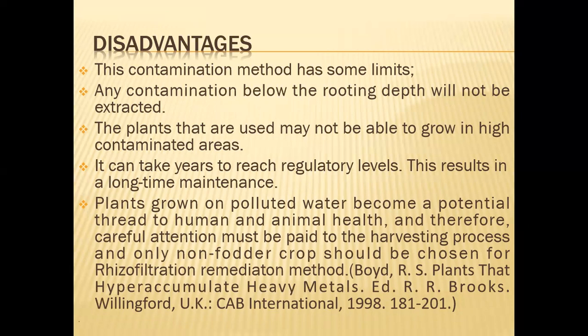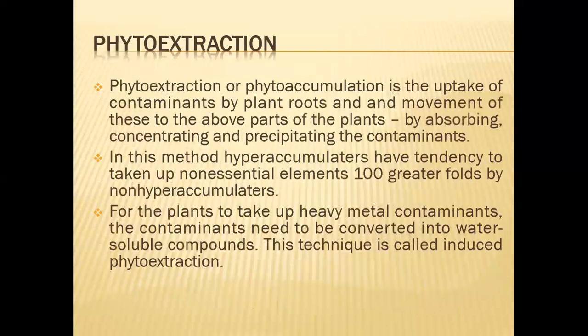This results in long-term maintenance. Plants grown on polluted water become a potential threat to human and animal health, and therefore careful attention must be paid to the harvesting process, and only non-fodder crops should be chosen for the rhizofiltration remediation method. Moving to the next slide.